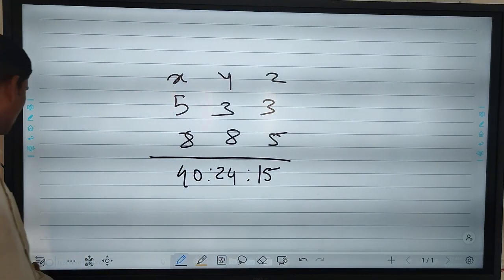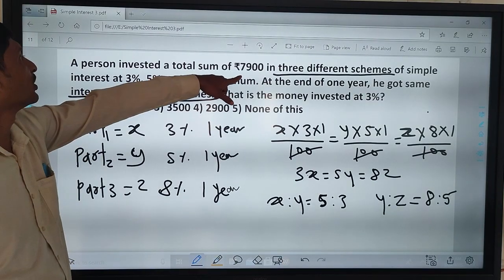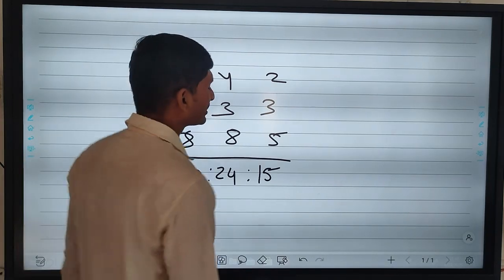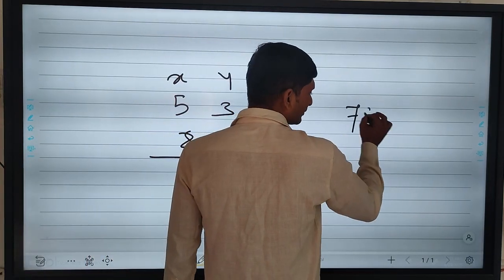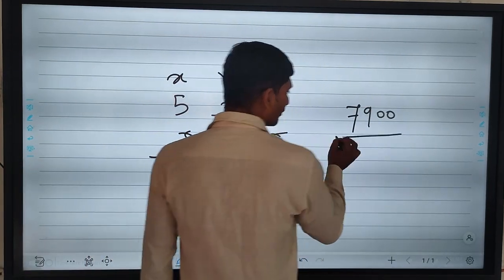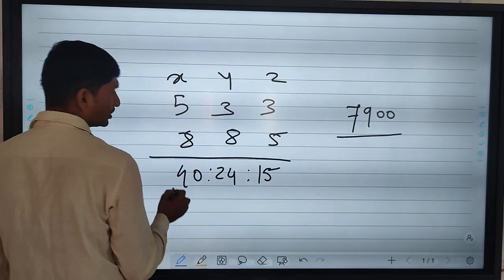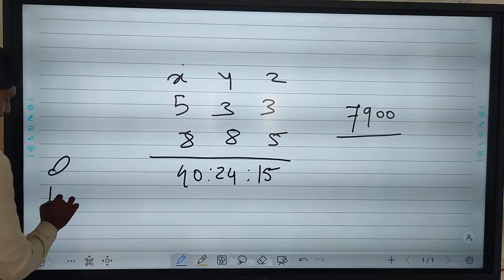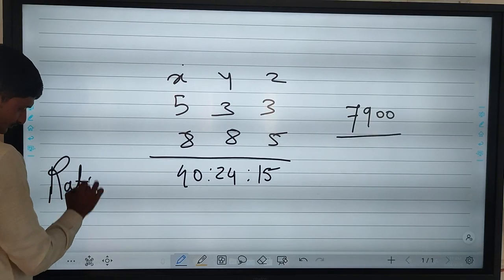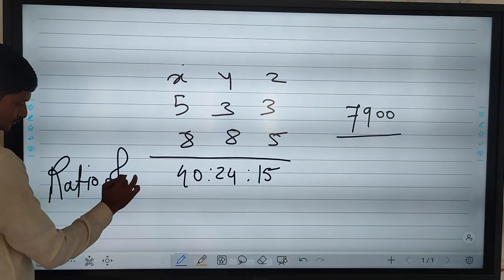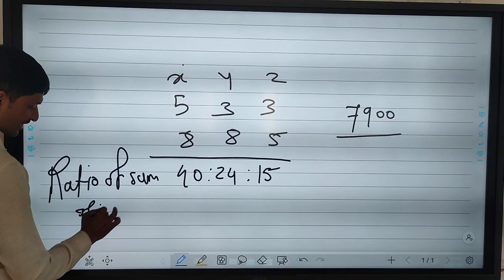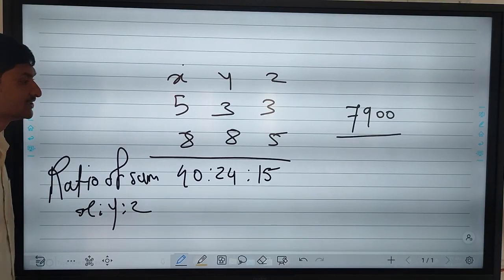Now here the total sum is 7,900. Then the total sum is 7,900 divided by the total addition of these. This is the ratio of sums, x as to y as to z.